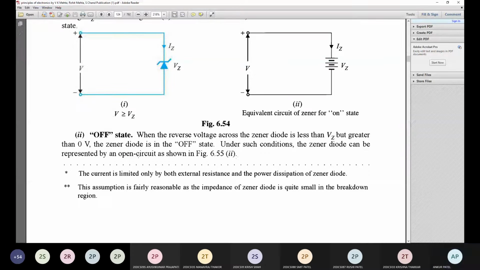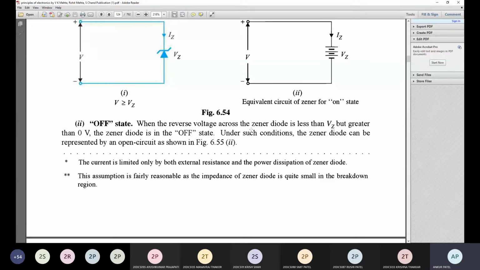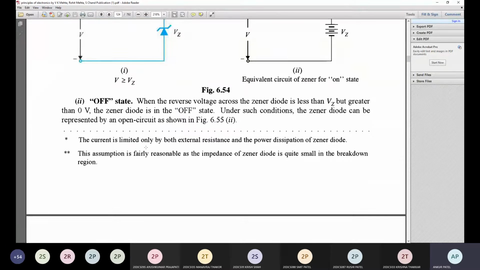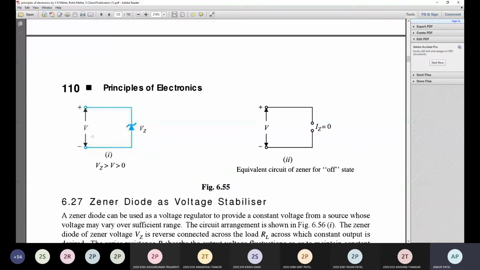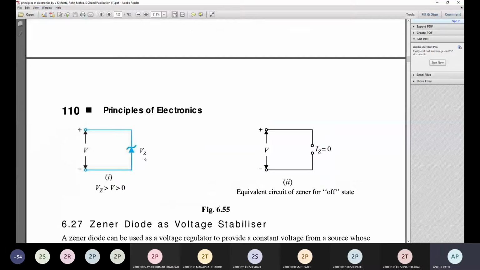It is the off state when the reverse voltage across the Zener diode is less than VZ but greater than 0. Under this condition, the Zener diode can be represented as an open circuit, so the current IZ through the Zener is equal to 0.